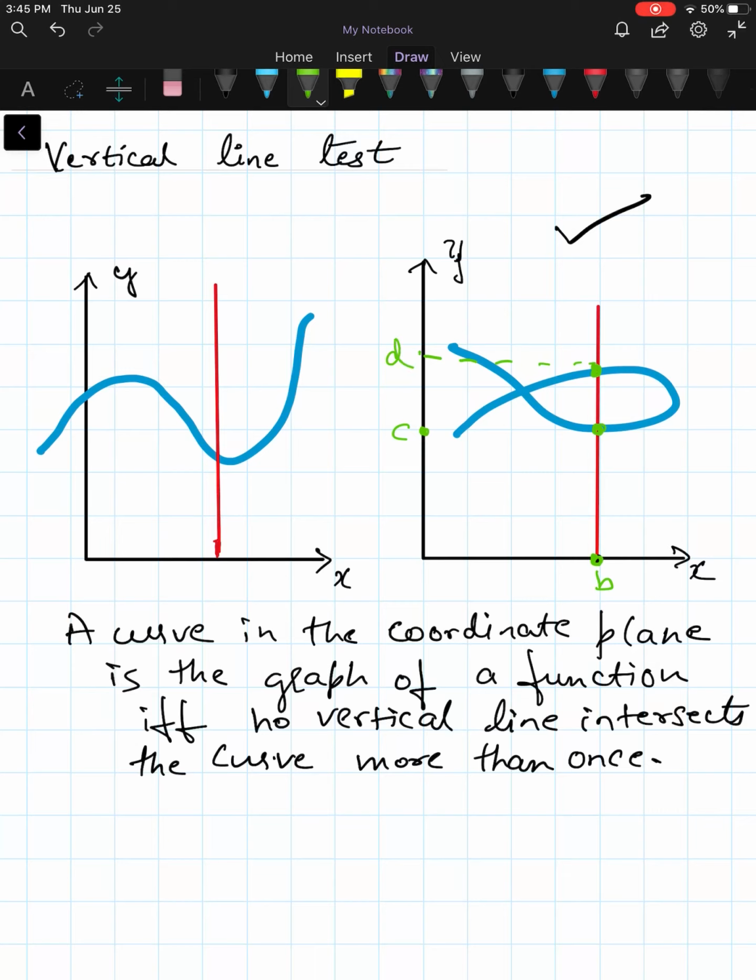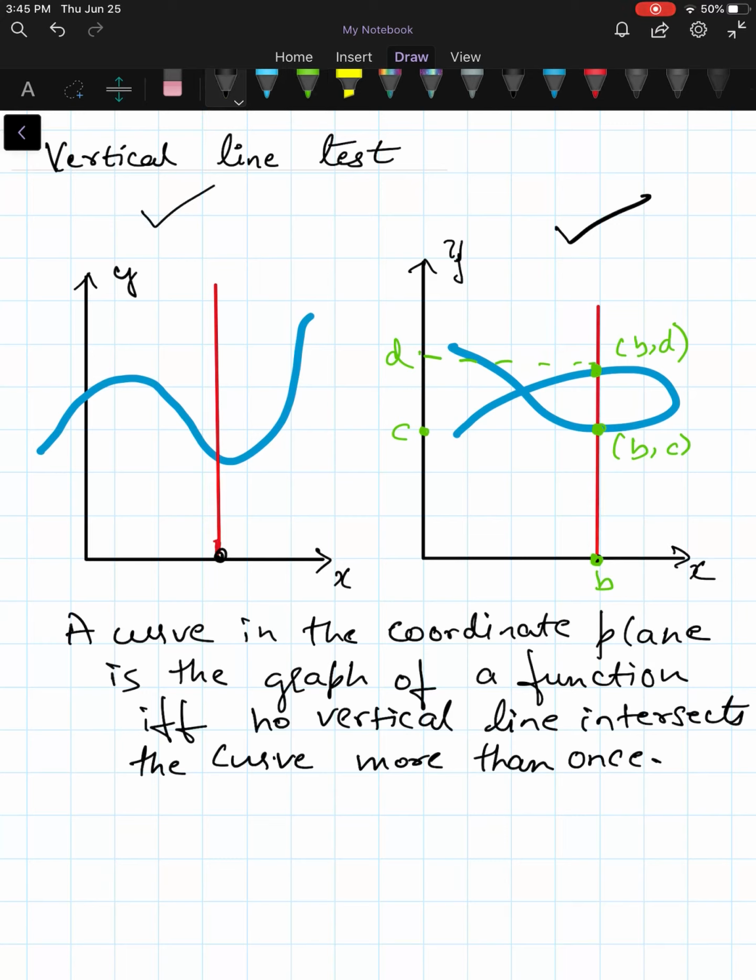If you plot those points, it would be b comma c and b comma d. So for the input value b, you have two functional values d and c. This contradicts the definition of a function. That doesn't happen in the graph on the left side.